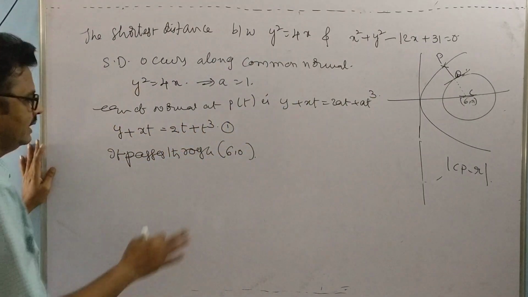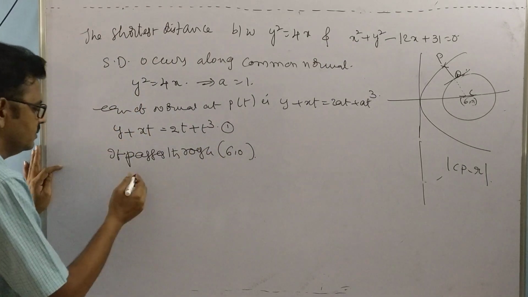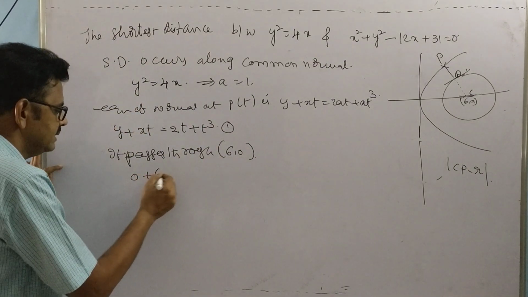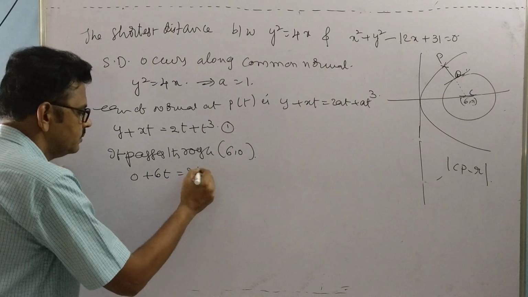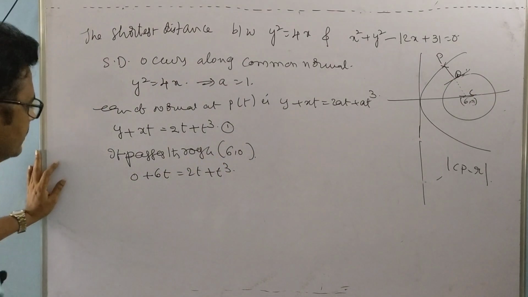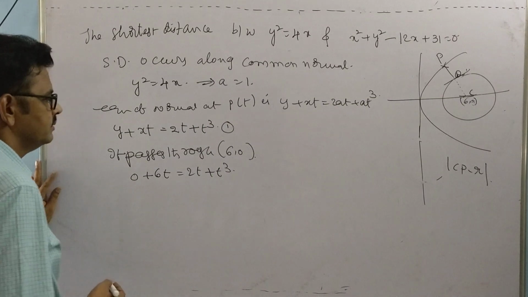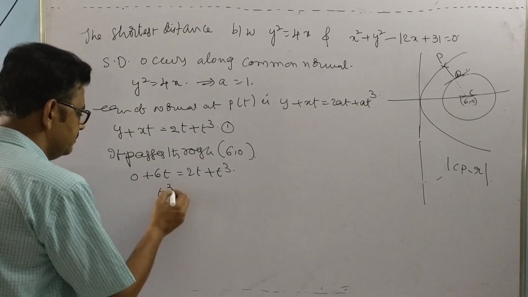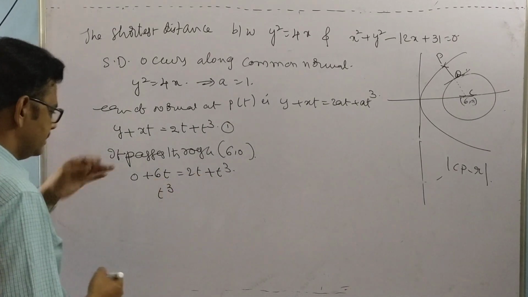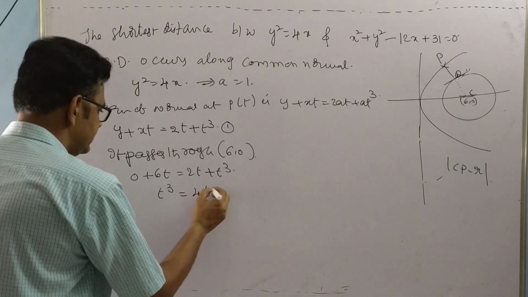In place of x and y, write 6, 0. So this is 0 plus 6t equal to 2t plus t cube. So this is t cube equal to 4t.